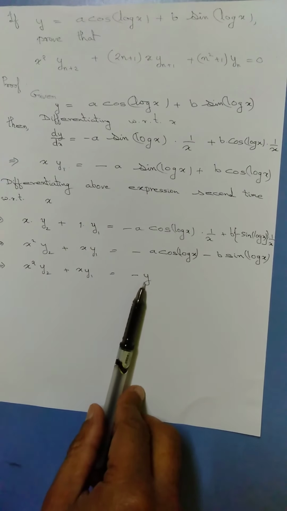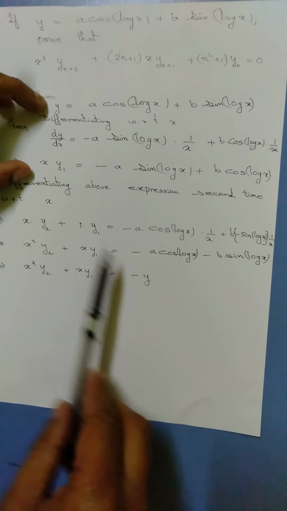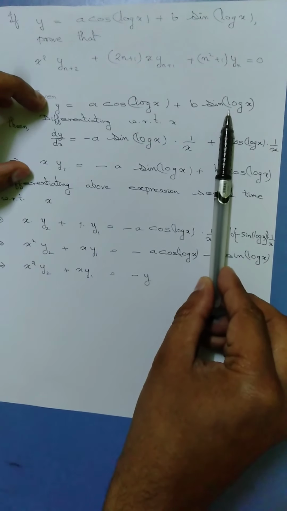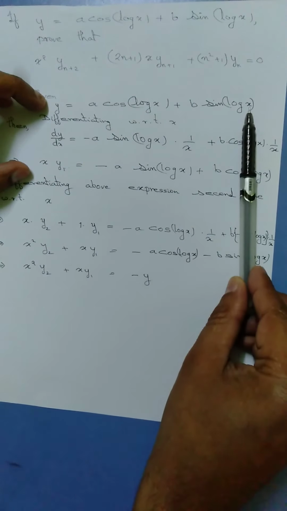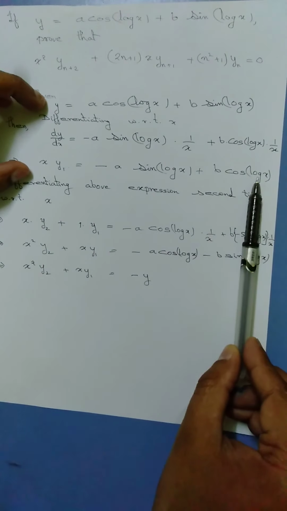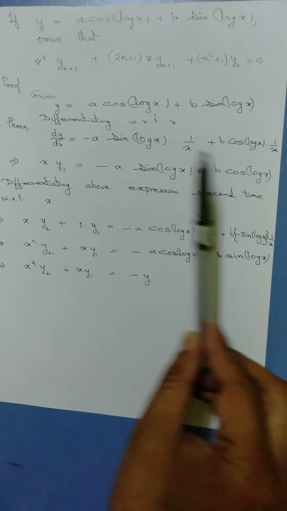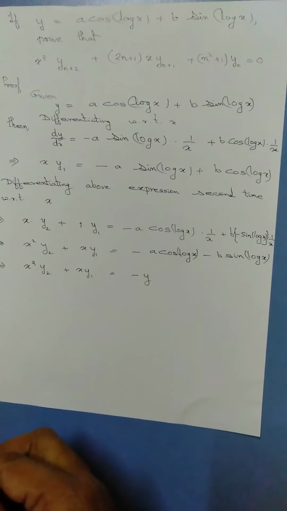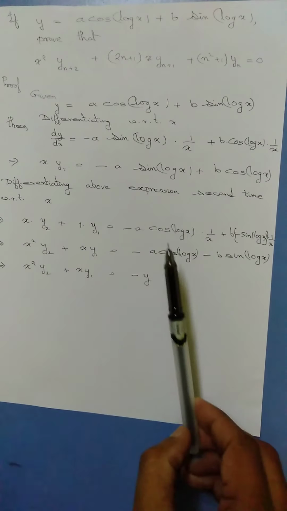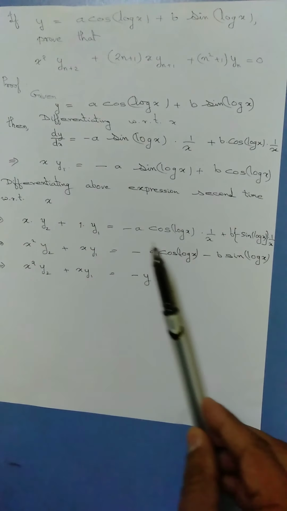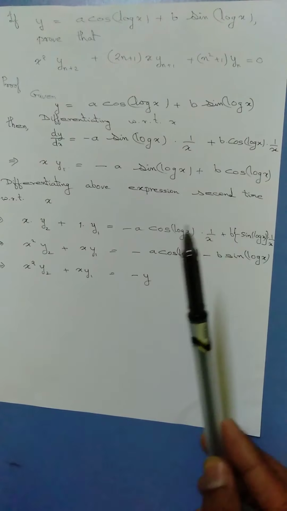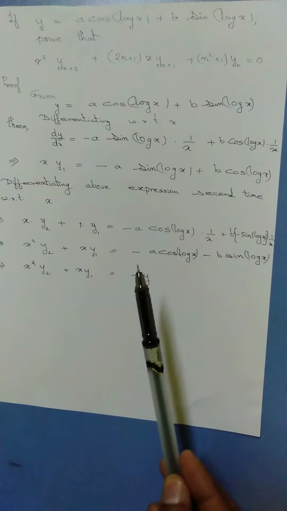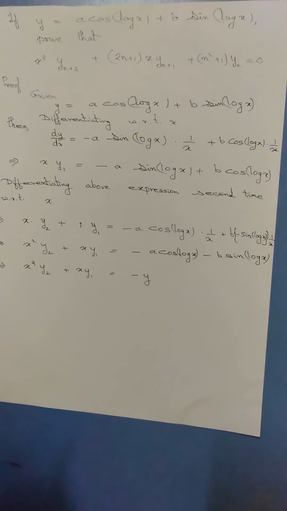You might be tempted to solve for a and b from y equal to a cos log x, this equation and this equation, and at last differentiate again and put a and b there. That will make it complicated. Better just differentiate it again, and derivative of cos is minus sine here, derivative of sine is cos here, and you have got a simple expression here.